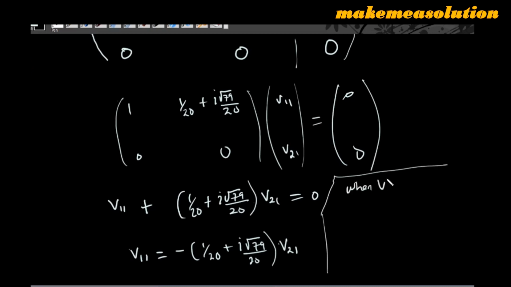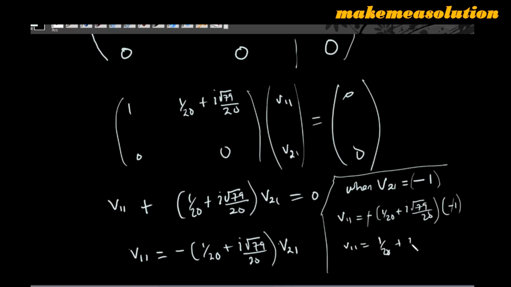When v21 is minus 1, for instance, when you plug in minus 1 into this place, you're going to get v11 is equal to minus 1 over 20 plus i root 79 all over 20 times minus 1. Then the minus will cancel out the minus. Then v11 is going to be what? 1 over 20 plus i root 79 over 20.